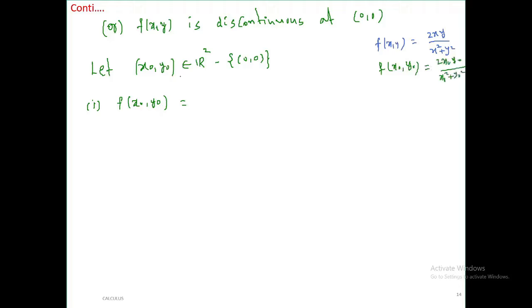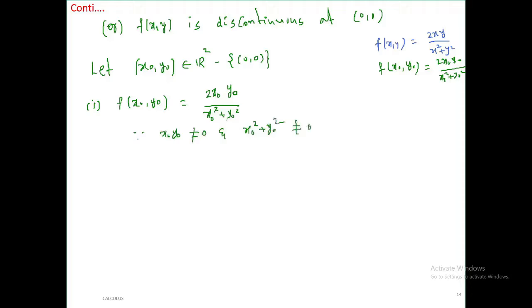That's what I'm writing here: 2 x naught y naught divided by x naught square plus y naught square. Is it infinity? It's not infinity. Look, x naught square plus y naught square is not equal to 0.